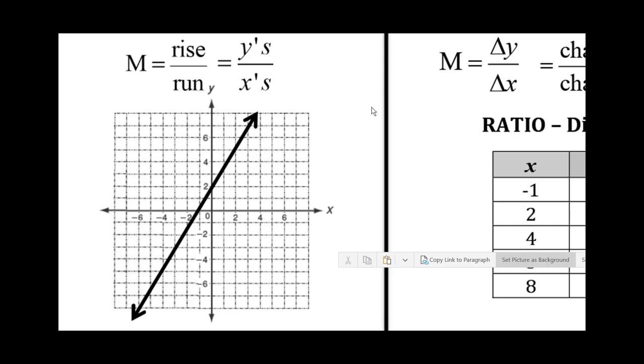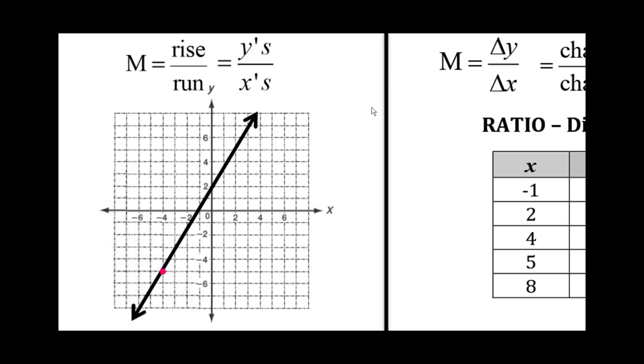If they give you a line and they don't give you the points, that's where you're going to have to start. So I'm going to go through this line and try to identify where it's going through an exact whole number ordered pair point.